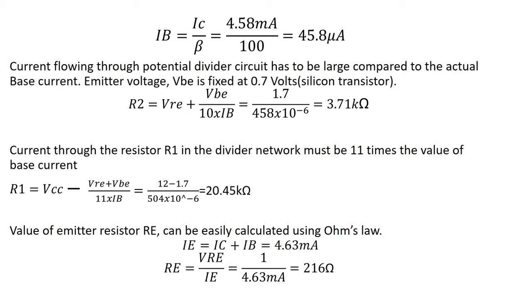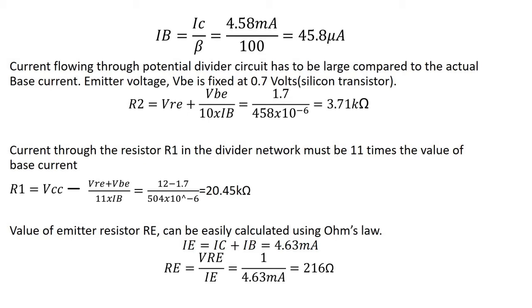The base bias voltage will be from the main rail supply through a dropping resistor R1. Current flowing through the potential divider circuit has to be large compared to the actual base current. The transistor VBE is fixed at 0.7 volt.